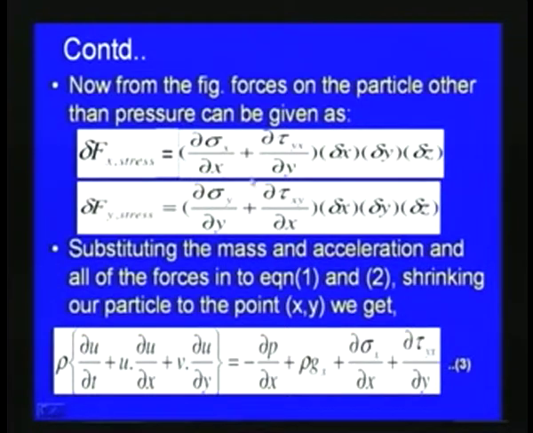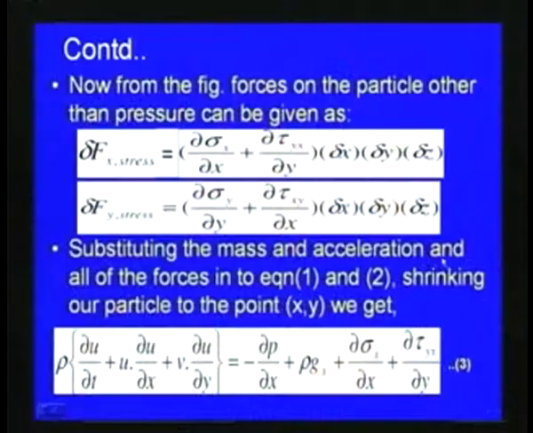Now all the force components, the stress forces including the normal stresses and the shear stresses, the pressure forces and the gravity forces are known, and we have already seen the mass of the fluid element and the acceleration. So now we can use Newton's second law to substitute all these components to get the final form of the equation.